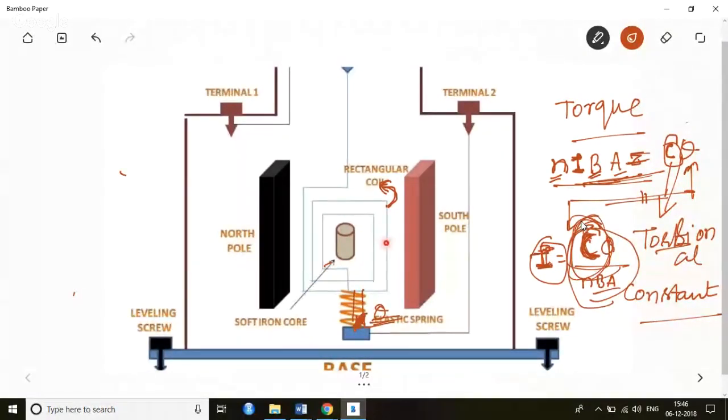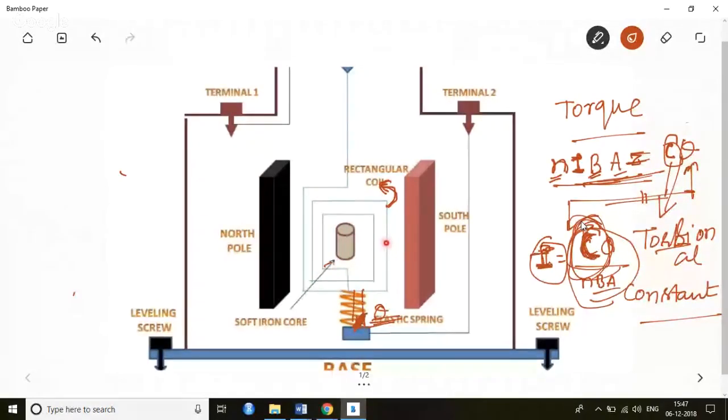Where leveling screws has been given, Ravi Kiran, let me go through your this thing. Time.